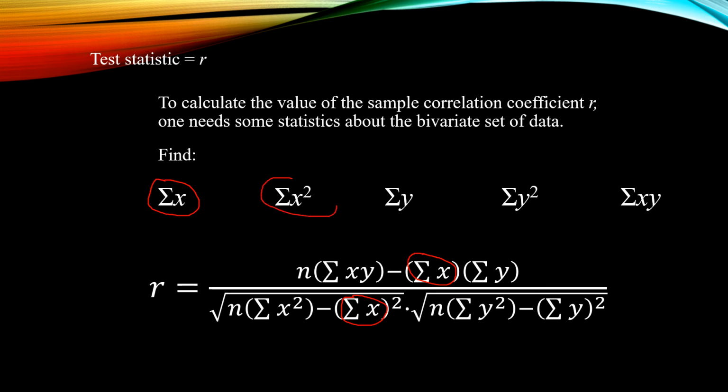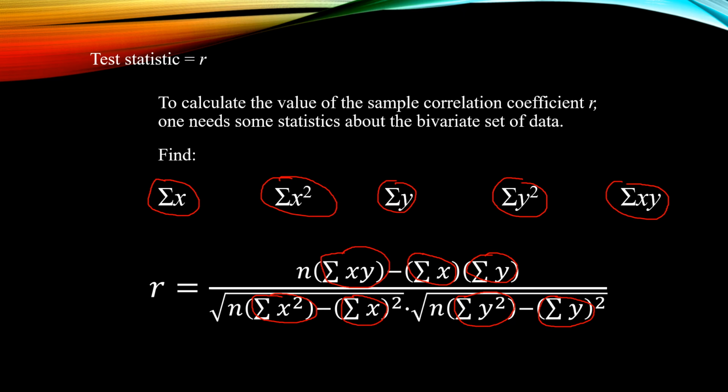Once we get the sum of the square x values, that only occurs once. And the sum of the y values occurs in 2 locations. And when we calculate the sum of the y squareds, that only occurs once. And the product, sum of the x times the y values, goes here. So you put in those 5 numbers into your formula with your sample size n.